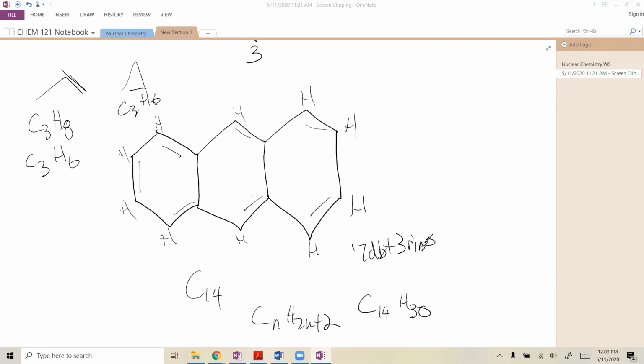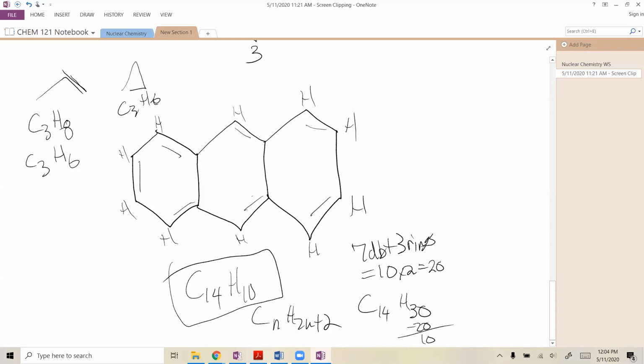So if we have 7 double bonds and 3 rings, that's a total of 10 things. And if each of those is 2 hydrogens, we should be short 20. And so that's how you get C14H10 as well, right? We just subtracted 20 of those hydrogens.